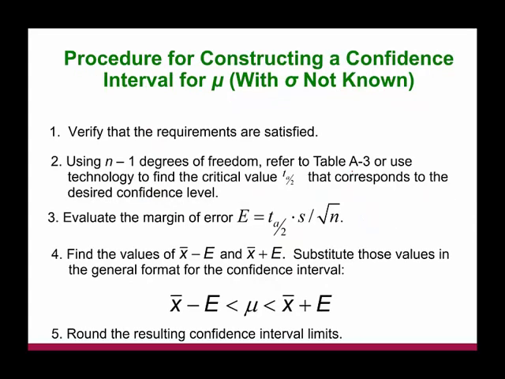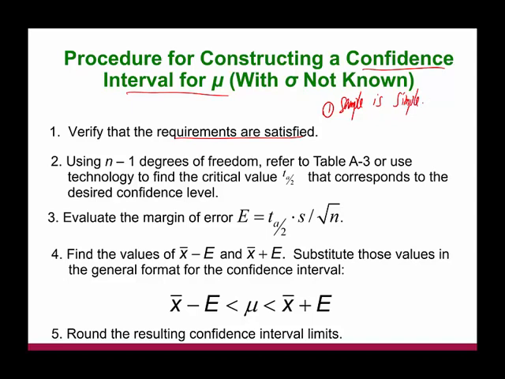Okay, so now let's look at the procedure for constructing a confidence interval for population mu when sigma is unknown. First, verify that the requirements are satisfied. A couple of things: the sample is a simple random sample.